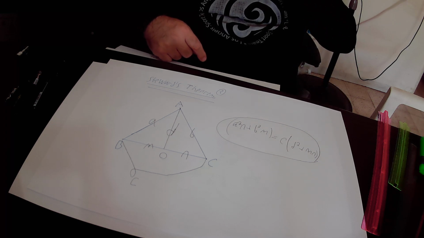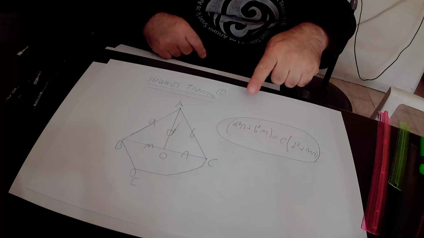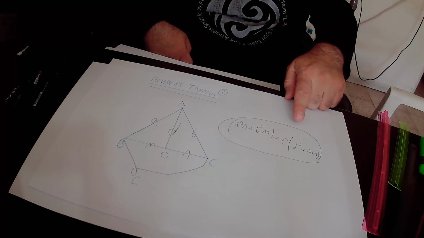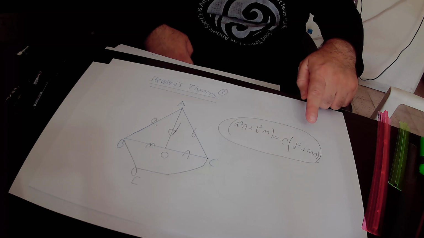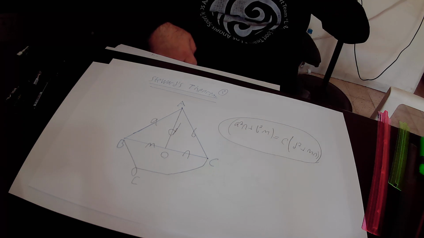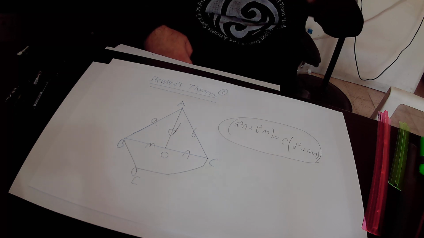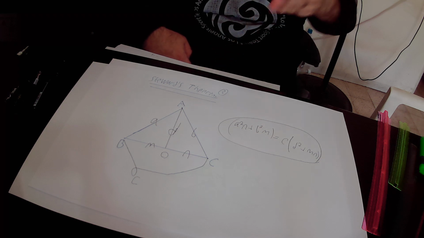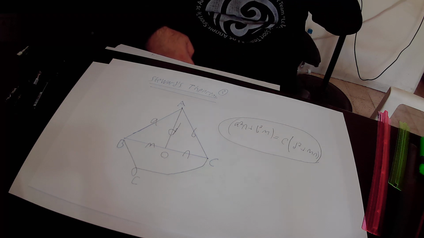Again, according to Stewart's theorem, A squared times N plus B squared times M equals C, inside the brackets D squared plus MN. And this equation is true in any triangle. Why? Because triangle ABC could be any triangle. So we implemented Stewart's theorem in our triangle FBD.